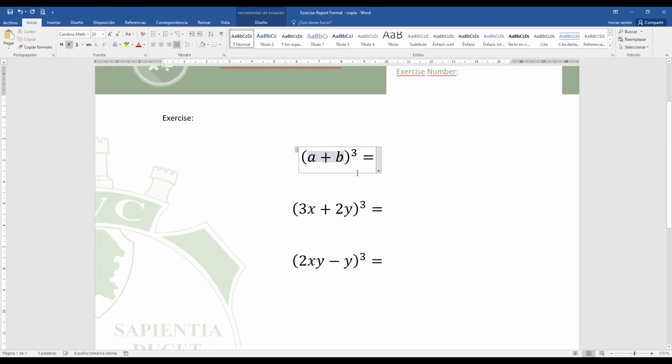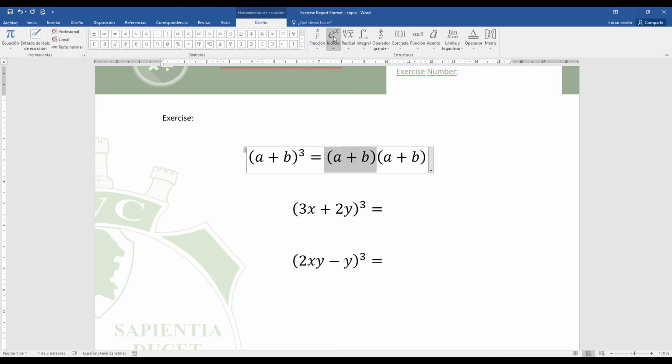Here, if you look, you need to multiply that 3 times. You check here, you have a squared.